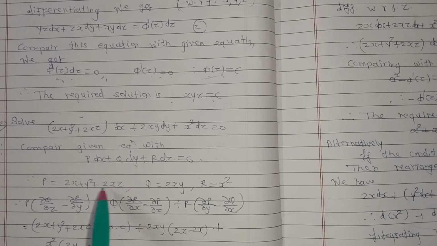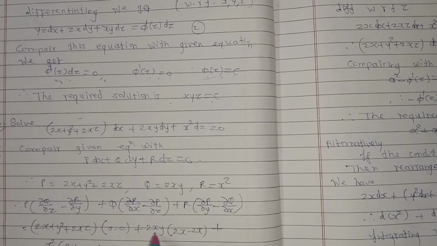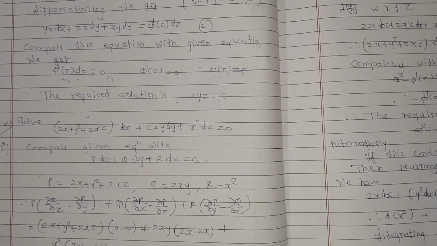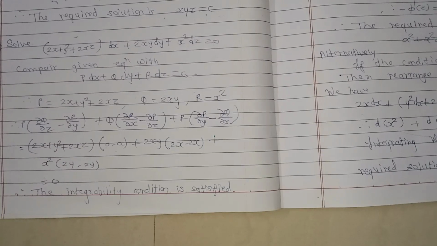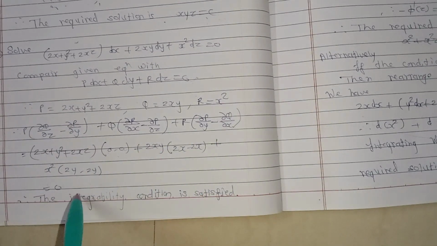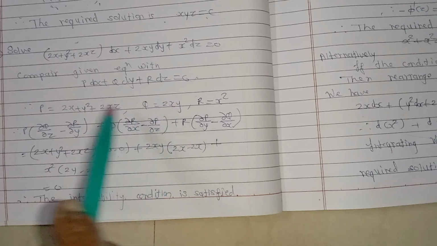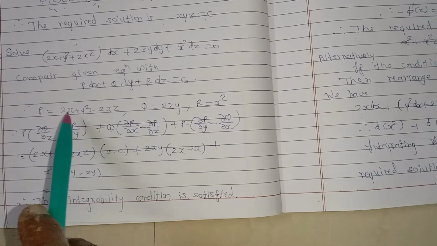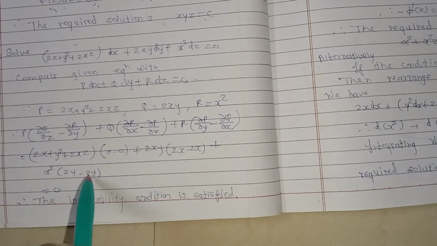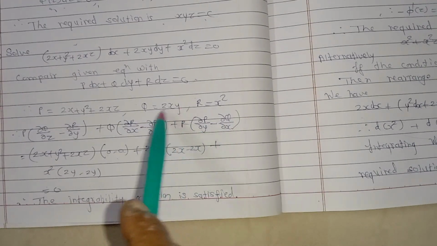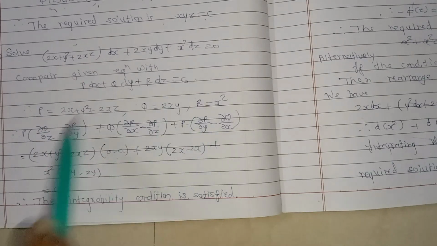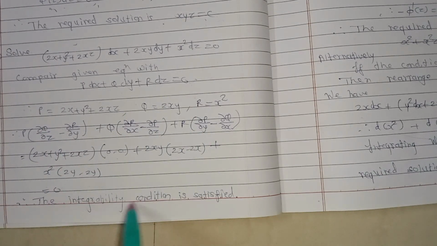Del p by del z, with respect to z, the derivative of z is 1 and x, y are constant, so 1 into 2x, that is 2x, plus r is x square into (del p by del y). Del p by del y, with respect to y, x and z are constant, that is 2y, minus del q by del x, with respect to x, y is constant, that is 2y, minus 2y. So finally we get 0. That is the condition of integrability.